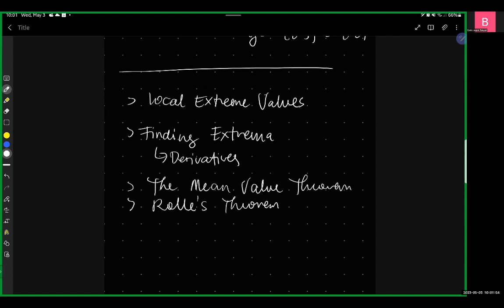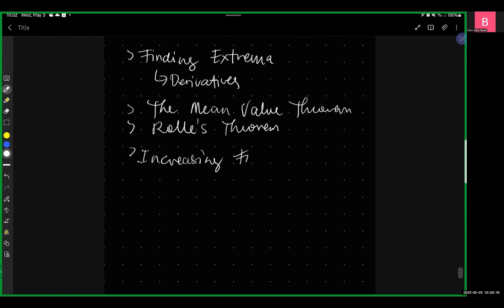And then increasing functions and decreasing functions.